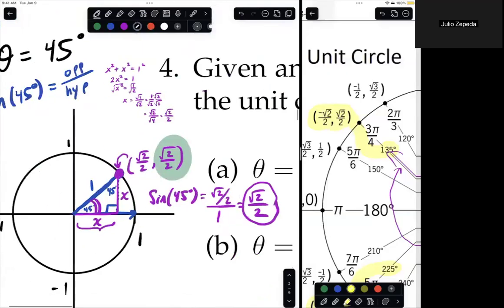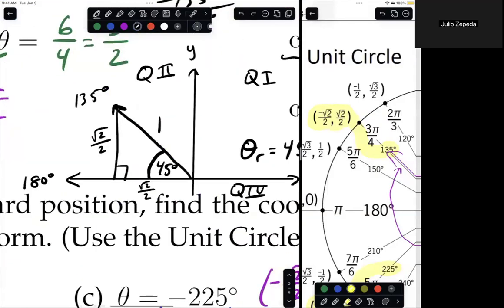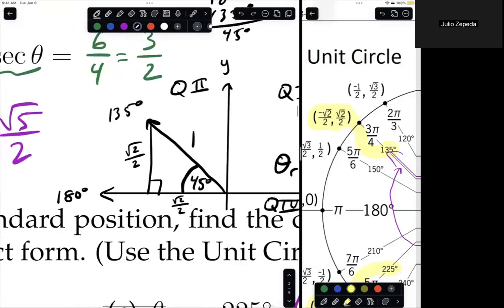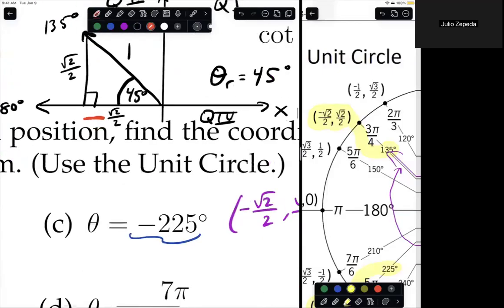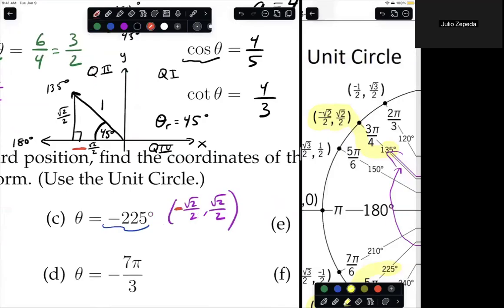This is what we found when we solved for x earlier, and the hypotenuse was of length 1. Now, the only thing that we need to modify here is that in the x direction, we are actually going in the negative x direction. So there should be a negative in front of the x coordinate. And notice that that's exactly negative root 2 over 2. That's exactly what the unit circle tells us there. The y value is square root 2 over 2.